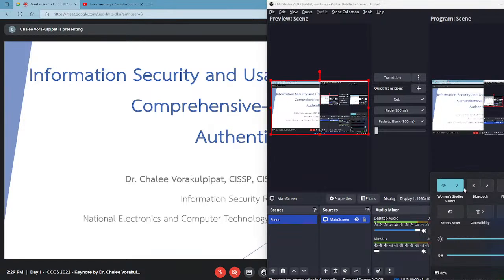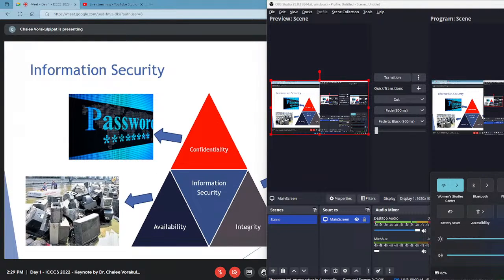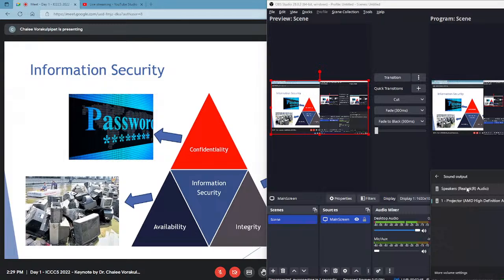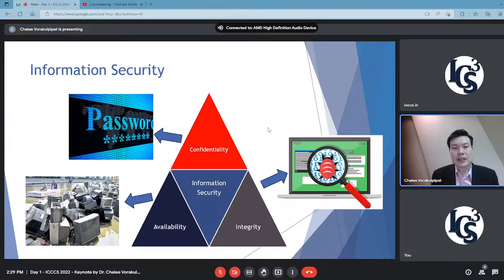Okay, right. I'm not sure if all of you have worked on information security before. So before this, I would like to share with you a little bit about the basic knowledge of information security. Many times we talk about cybersecurity. We always think about hacker, right?